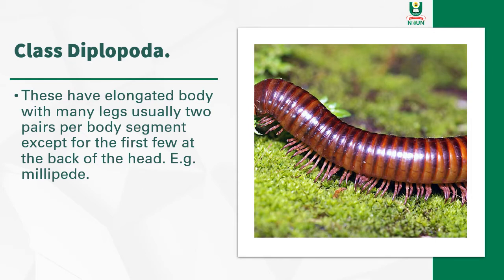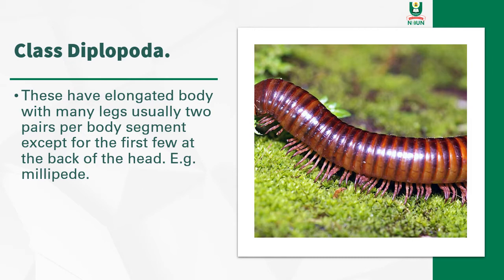Then the class Diplopoda. Just like the Chilopoda, they have elongated bodies as well. But the main difference between the Diplopoda and the Chilopoda is that they have two pairs of legs for each body segment, unlike the other one that has one pair.